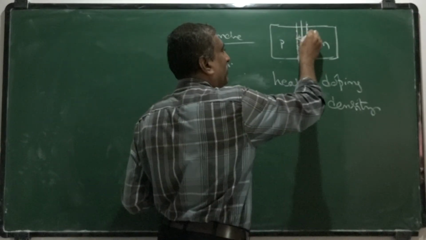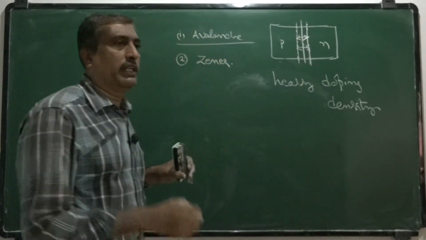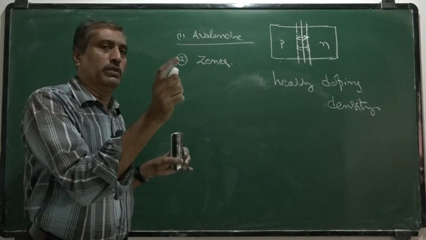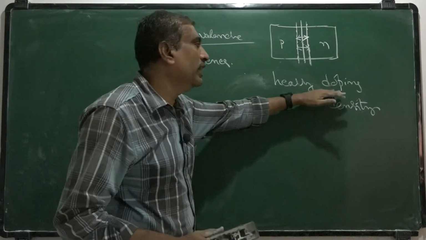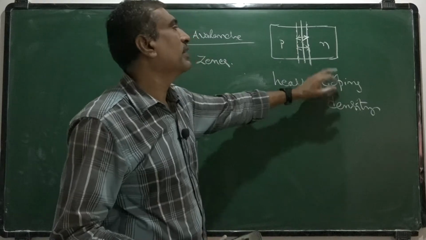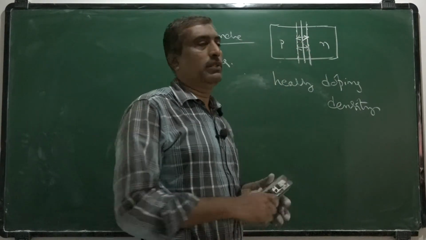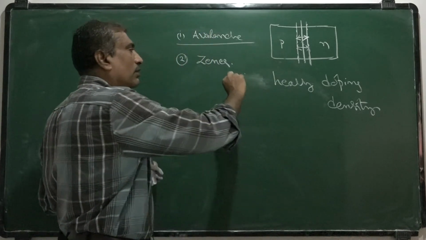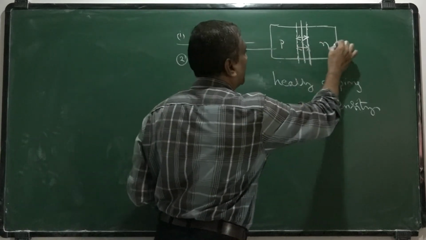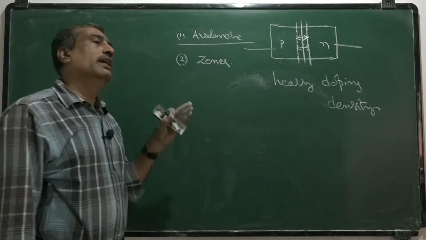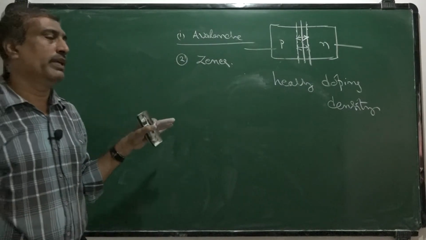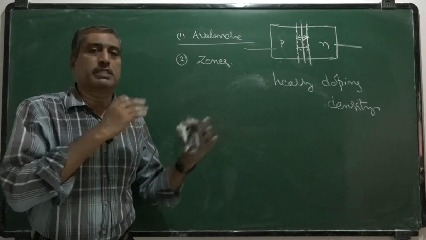Which layer? The depletion layer. For a lightly doped one, the width is more. When it is heavily doped, the width of the depletion layer becomes thin. Now assume this heavily doped p-n junction diode is in reverse bias.